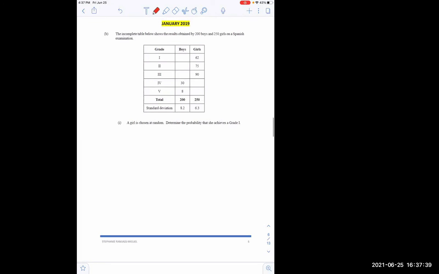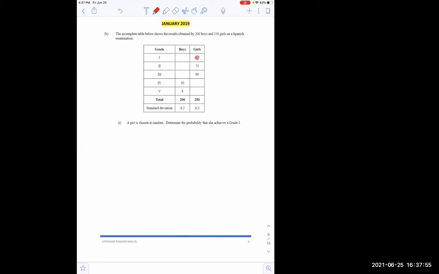January 2019. So we're going up to 2021. A girl is chosen at random. Determine the probability that she receives a grade 1. How many girls do we have receiving grade 1s? 62.